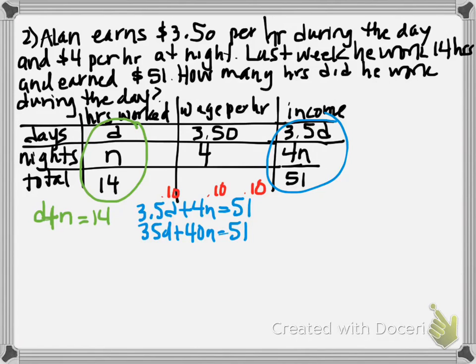We could multiply the green equation by, let's say, negative 40 would be easy, and then we could eliminate. We could solve the green equation for one of the variables and use substitution, but I think I'm going to go ahead and use multiplying the green equation by something to make a match. So let's go with the negative 40.